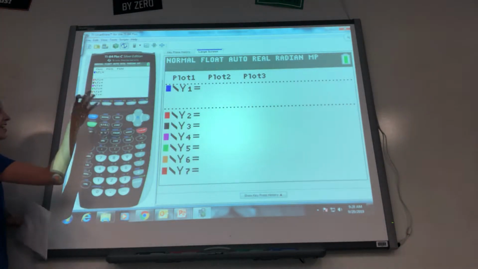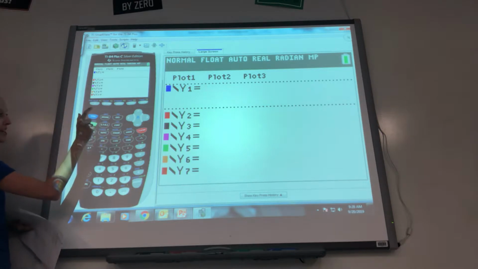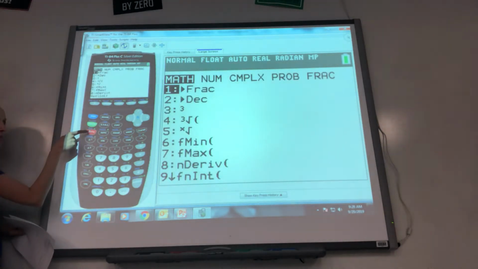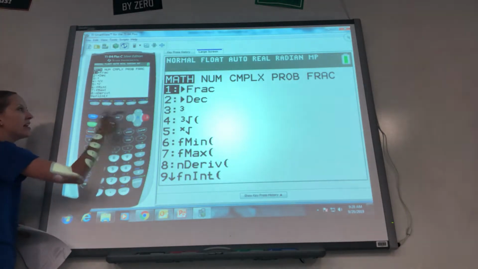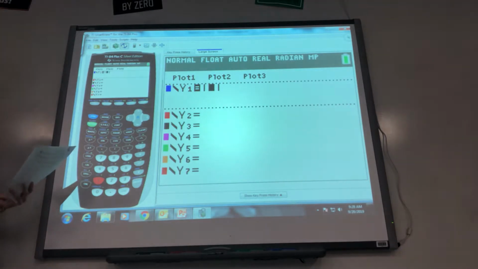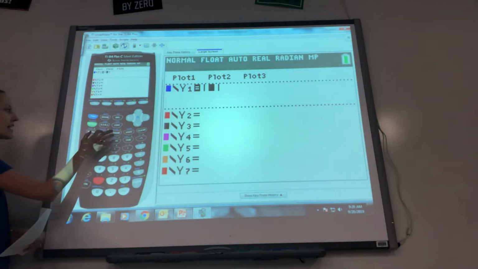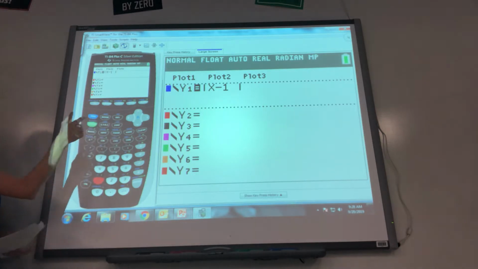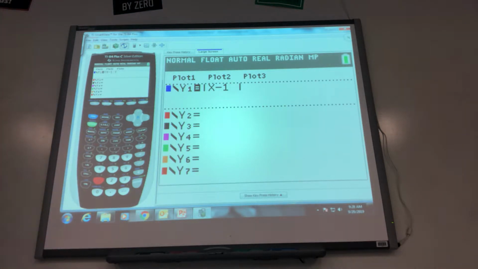All right, so on top of our fraction, we have absolute value. Go to math and then right, option 1. Because it is setting up bars, or your calculator might set up parentheses, you don't really have to put extra parentheses around it.